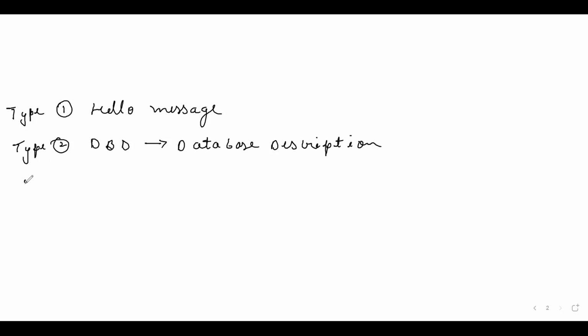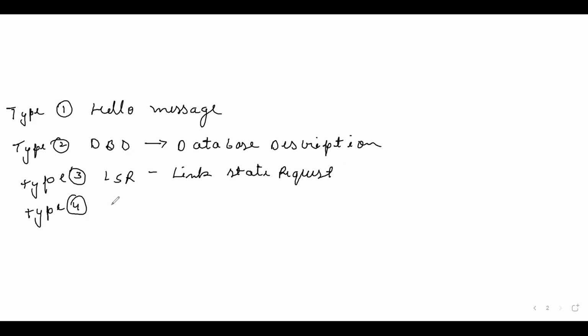Then I have the type 3 message, link state request. Actually, in total we have 5 messages in OSPF and everyone has a role. Then I have the type 4 message, link state update.